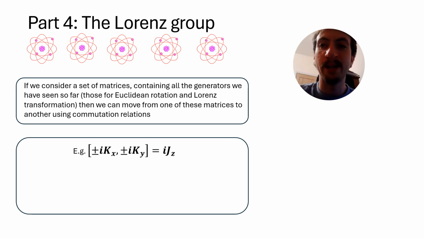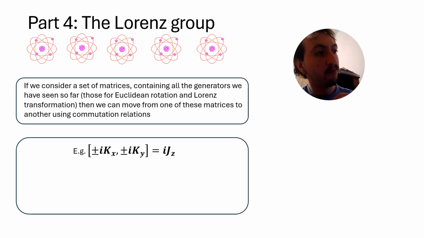But this commutation relationship between our Lorenz transformation generators, this video is filled with quite long words, but one useful thing with this commutation relationship is that it allows us to map from generators of Lorenz transformation to generators of Euclidean rotation.